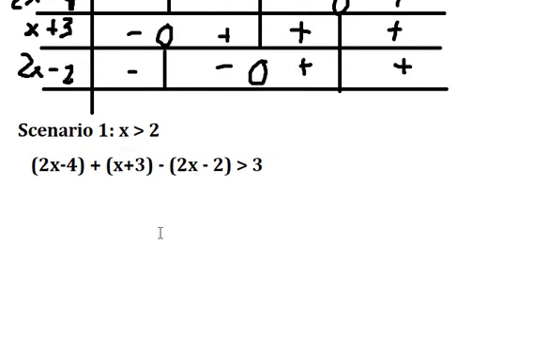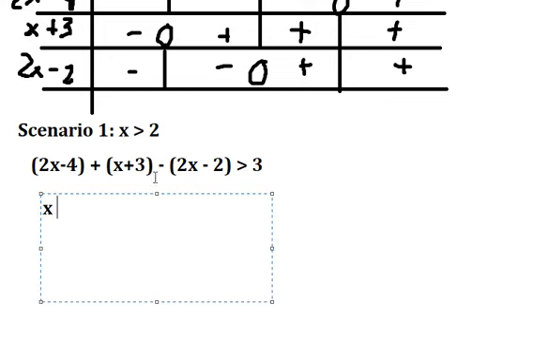Now we can see that 2s plus s minus 2s, we got s, negative number 4 plus number 3 minus negative number 2. This one we have number 1. So we have s is greater than 3 minus number 1. So we have number 2.